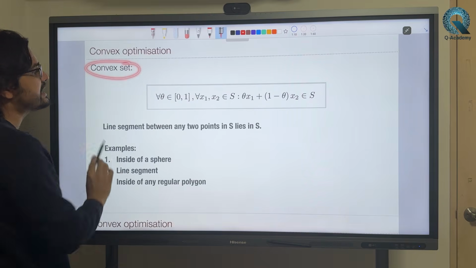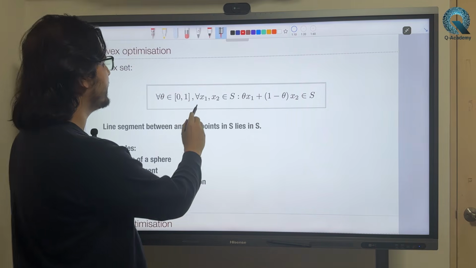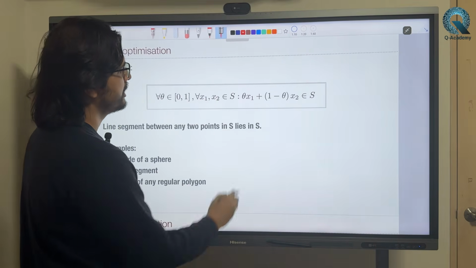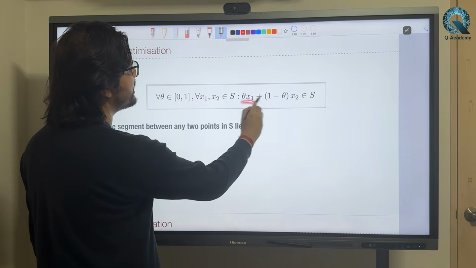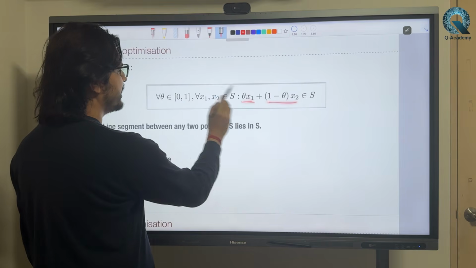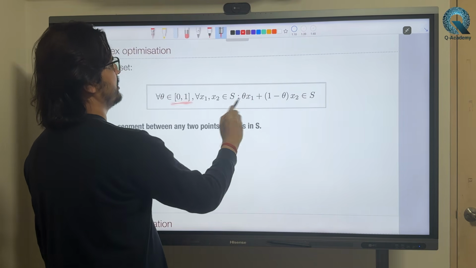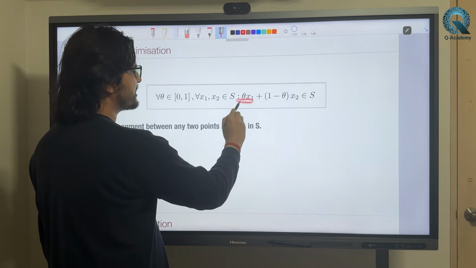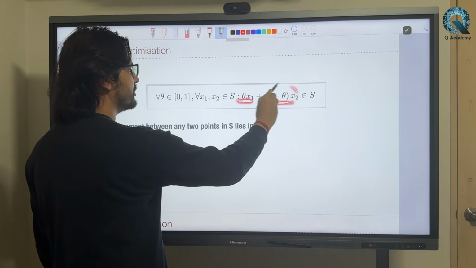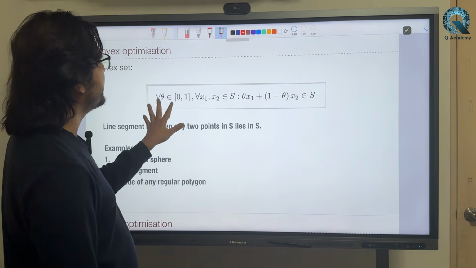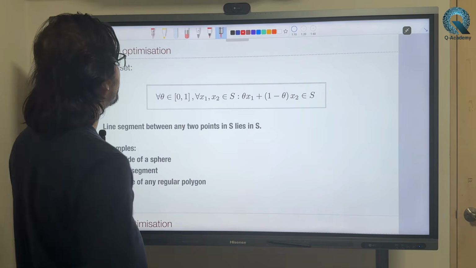But a convex set is a special kind of set where, for every two elements x1 and x2, if you take a combination with coefficient theta between 0 and 1, such as theta x1 plus 1 minus theta x2, and it's inside the set, then you call the set a convex set.